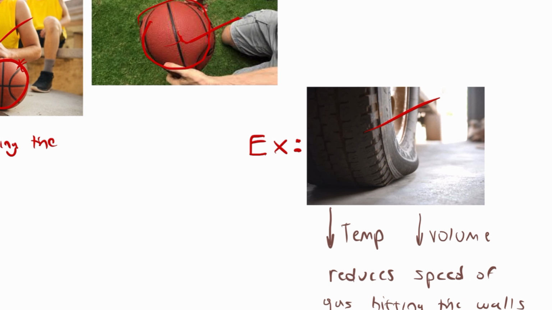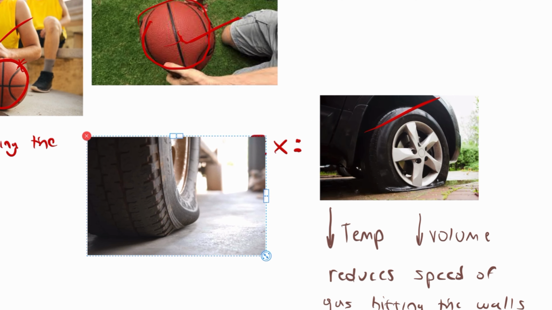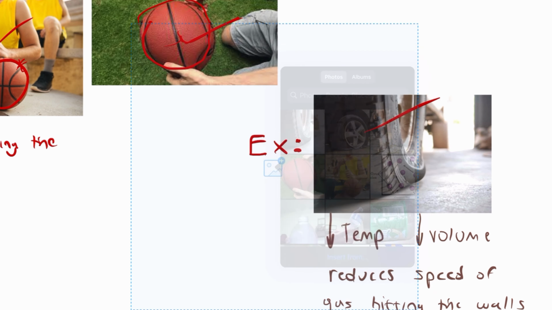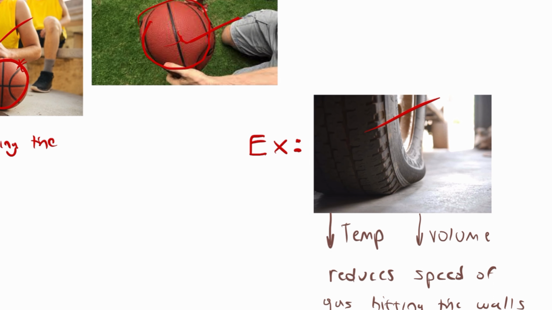And again, there are mathematical equations for this, so really think about this, guys. You walk out and sometimes you see that your tire is, I wouldn't say flat, but it looks like it has low tire pressure. The reason is because there was a drop in temperature, and the drop in temperature reduces the speeds of gas hitting the walls of the tire.